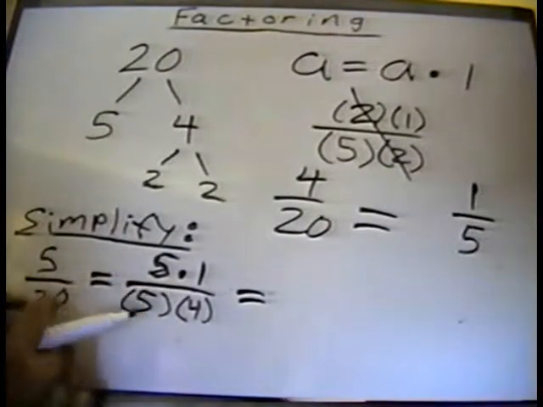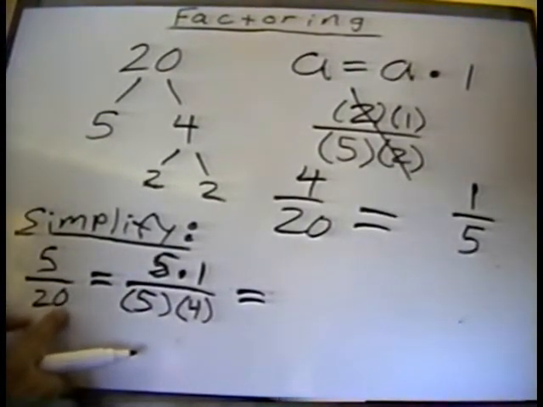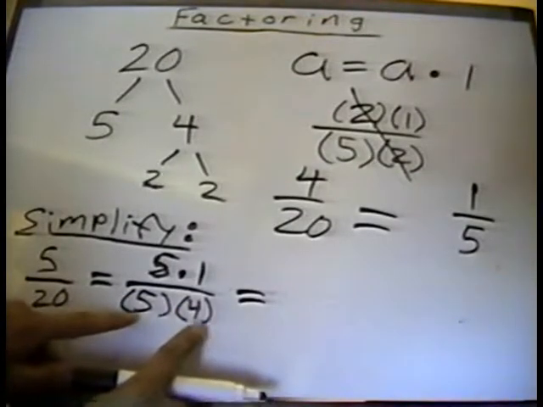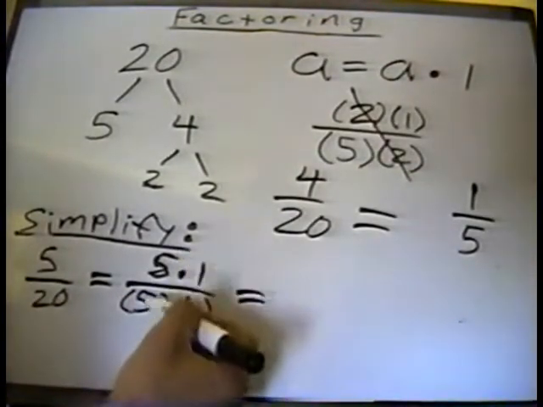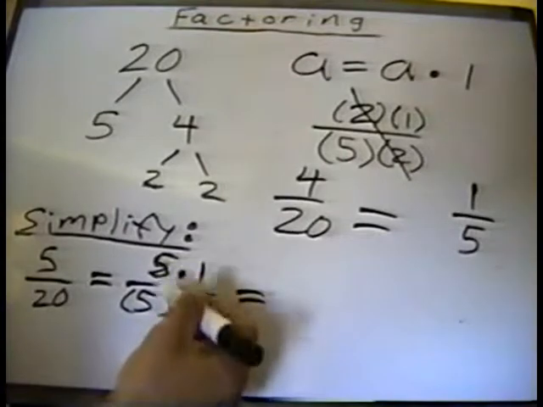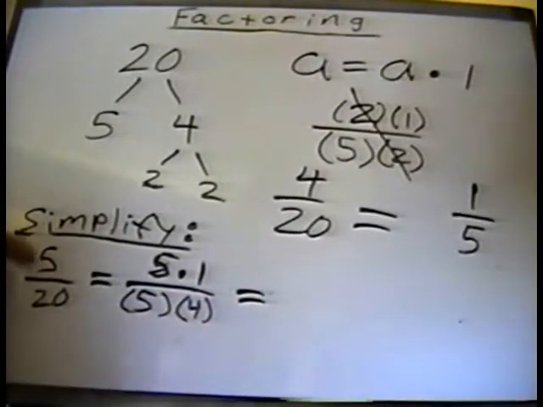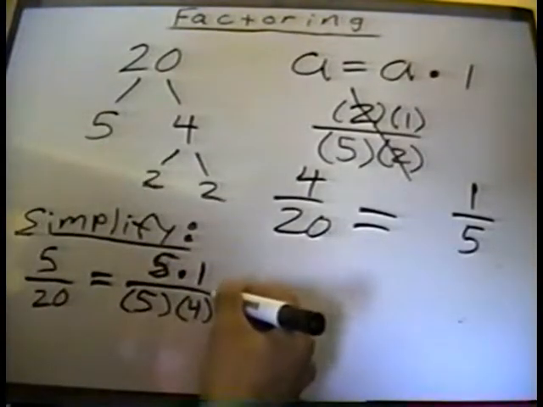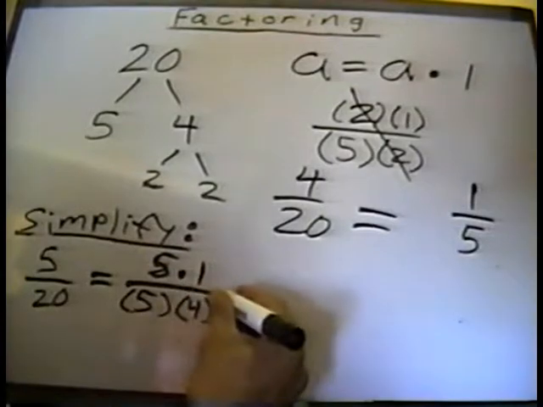But for the purpose of simplifying, you wouldn't go any further with this. I'm just pointing it out to let you know how to do it, because remember, we're simplifying. The purpose of taking the denominator and factoring it is so that you can cancel one of the factors if the numerator happens to be a factor of its denominator.